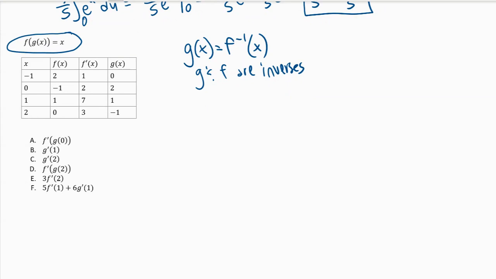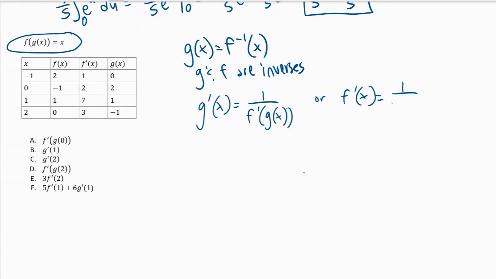Now, if g and f are inverses, we have to use the rule that g prime is equal to 1 over f prime of g of x, or likewise, f prime of x is equal to 1 over g prime of f of x. And the way that you can figure that out, if you forget what the rule is, is start with your original thing: f of g of x is equal to x.